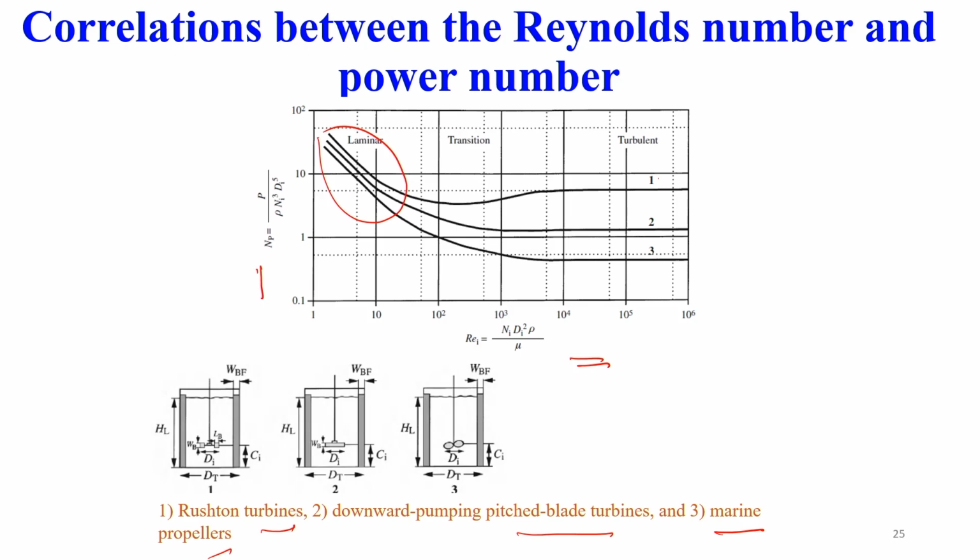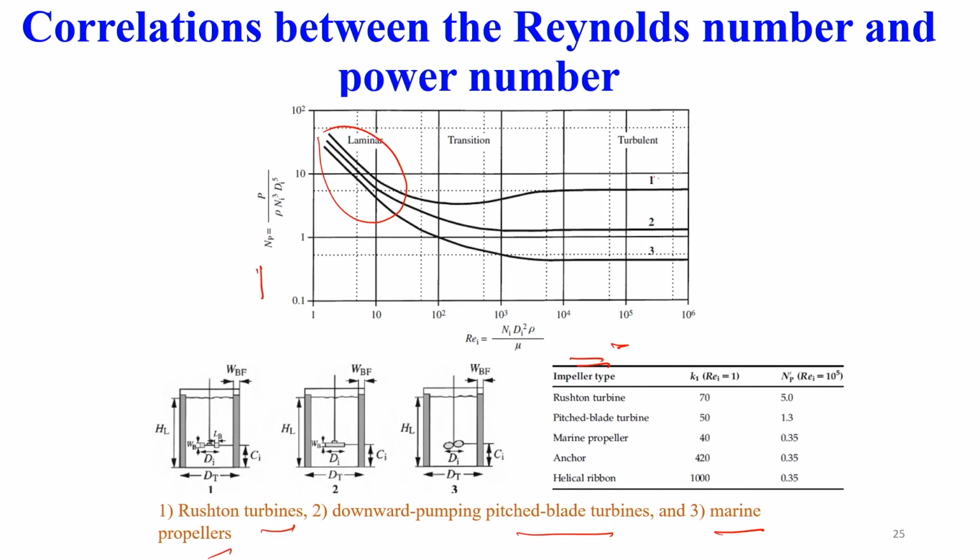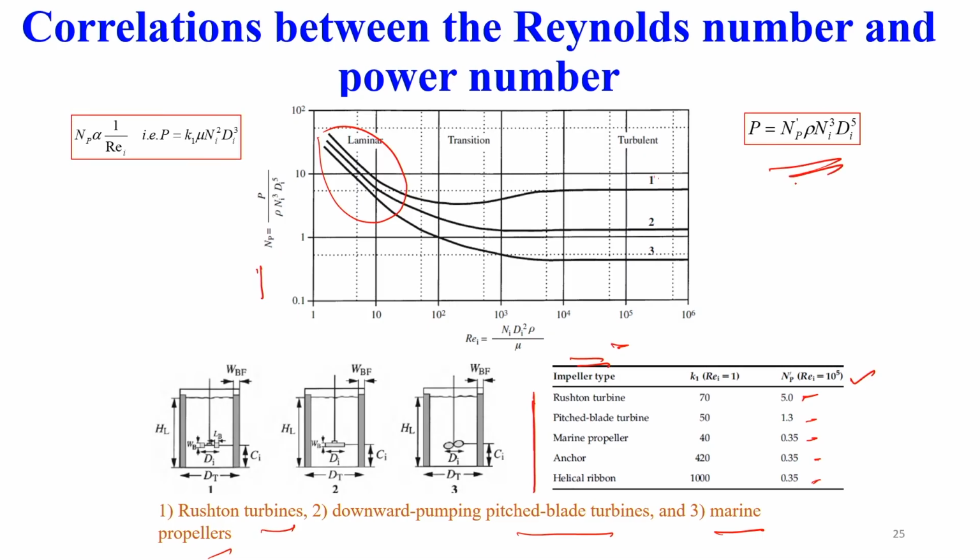It means the power number varies based on the flow rate as well as the type of impellers. Now, for different types of impellers, the power number is given here. We will focus first on turbulent flow. For Rushton turbine, it is 5, for pitched blade turbine 1.3, marine propeller 0.35, anchor 0.35, and helical ribbon 0.35. So, straightforward for this turbulent flow, we can calculate.